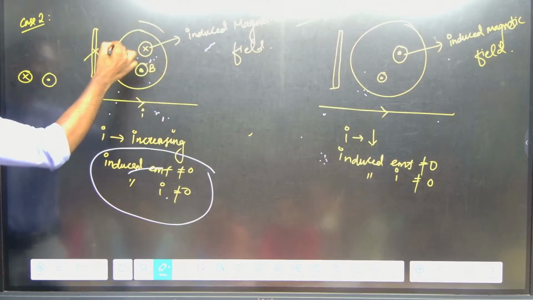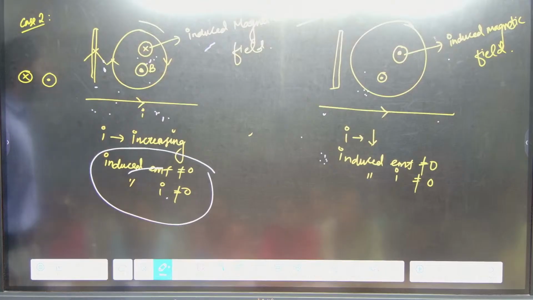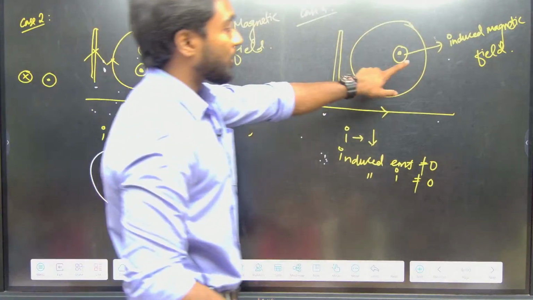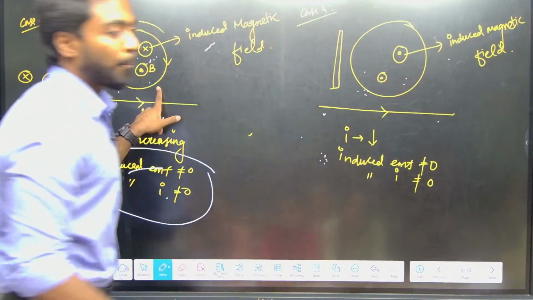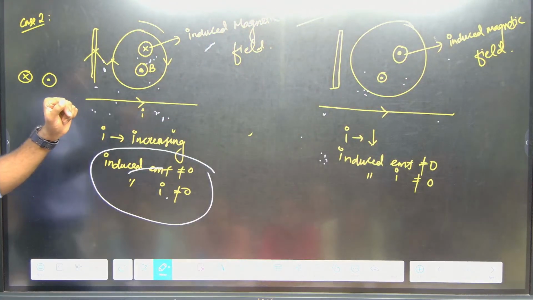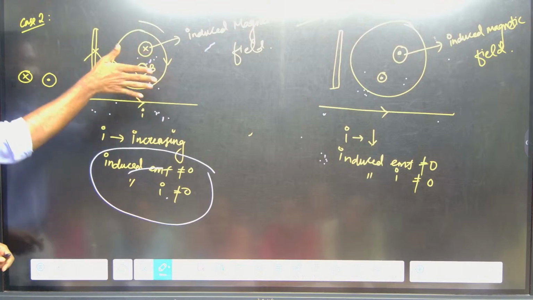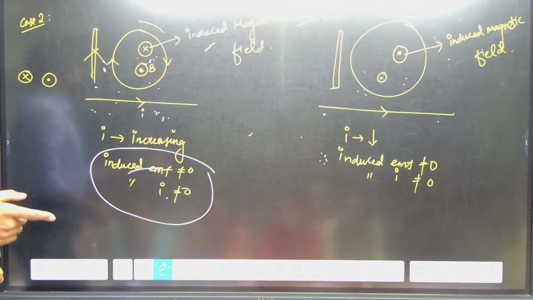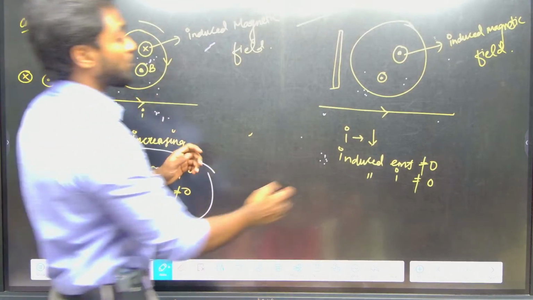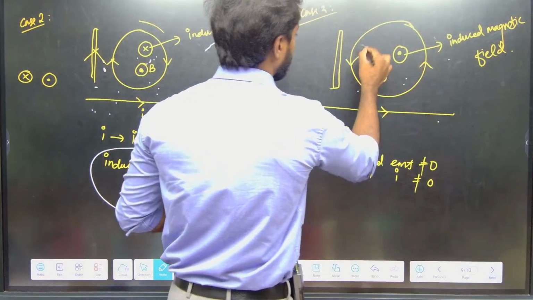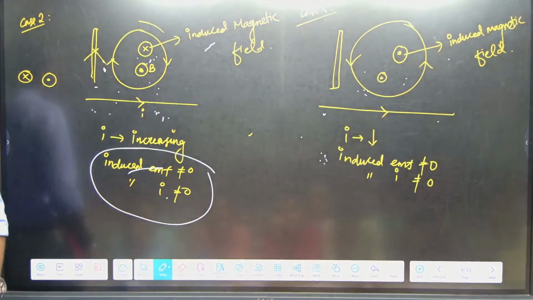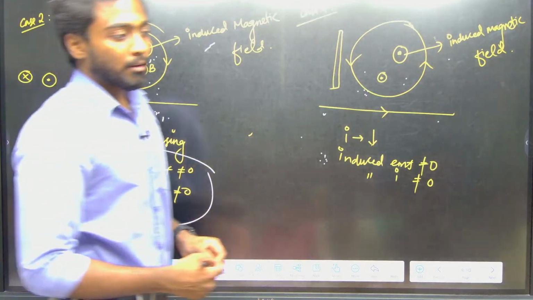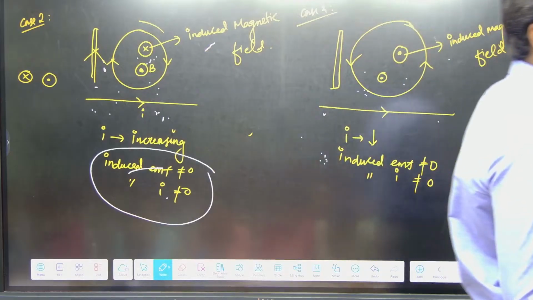When I talk about the circular case, this is my direction. Similarly, for this one it will be in the opposite direction, right? For this it is inward, which means the current is going upward, like it is anti-clockwise. I mean it is clockwise, and this one will be anti-clockwise. You can take the direction of the induced current this way.